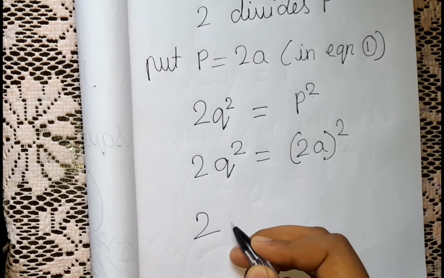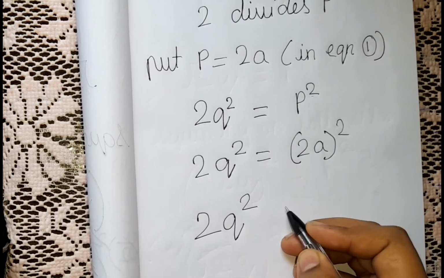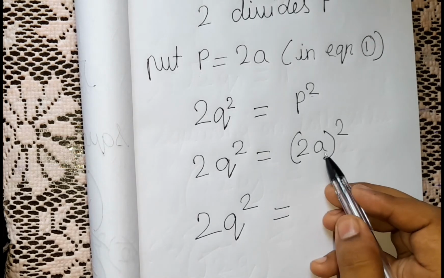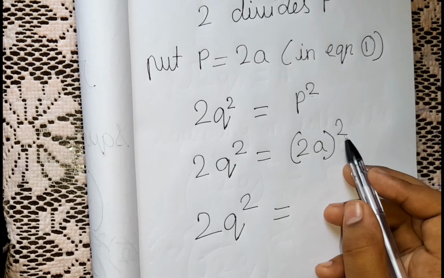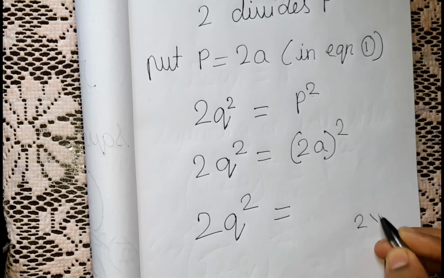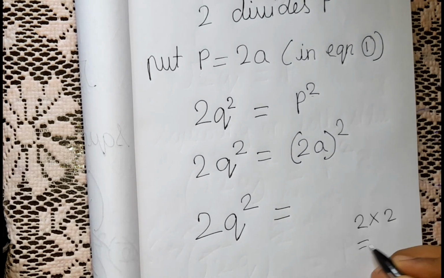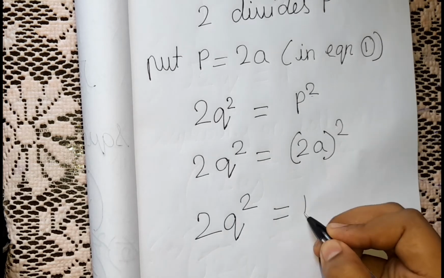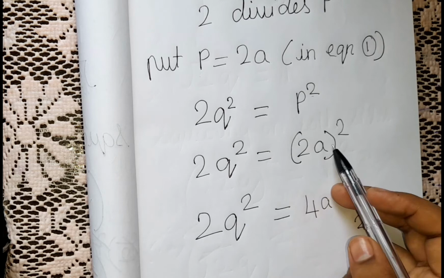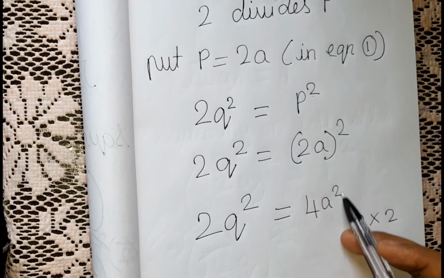Now let's write 2q square is equal to 2 square and a square, am I right? Because this 2 belongs to 2 as well as a. So 2 into 2 is 4. So we shall write 4a square. So we solved this one, and a has a square, so we wrote a square.